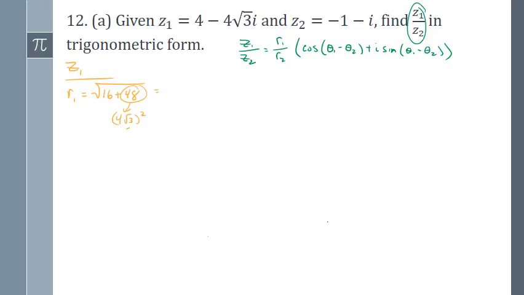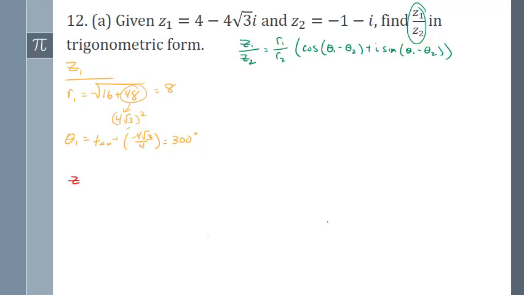So that leaves me with radical 64, which is just 8. And then theta 1 is equal to the inverse tangent of negative 4 rad 3 over 4, which if I use the calculator, I'm going to get 300 degrees.